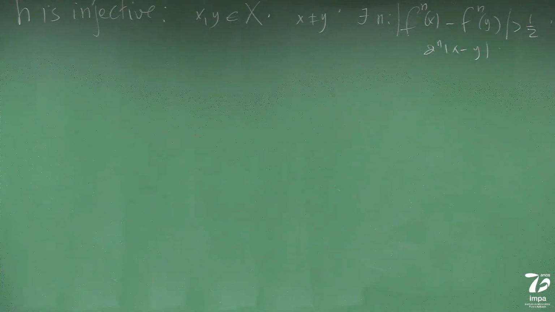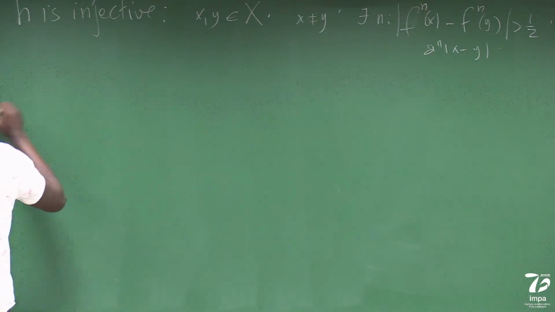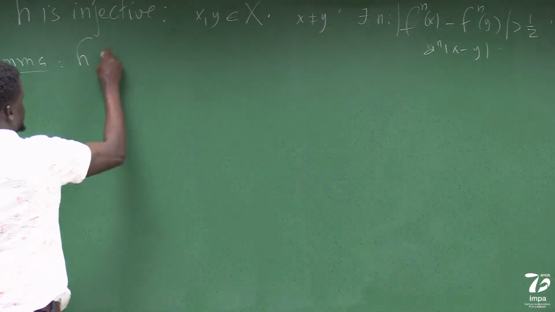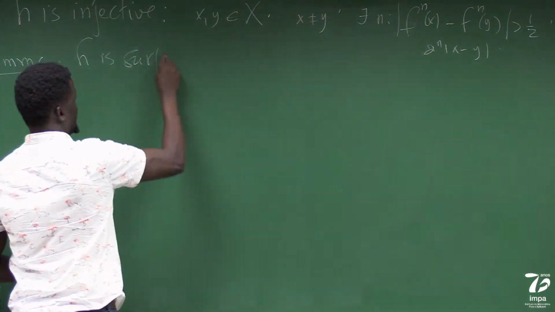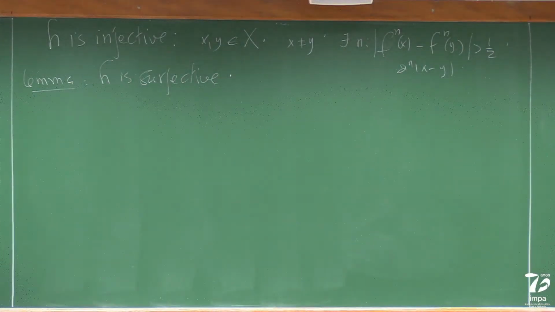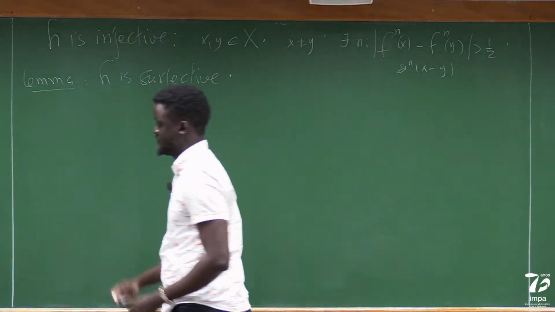The claim is that this map H is also a bijection. H is indeed a bijection, so H is surjective. Why do we have that H is surjective here?